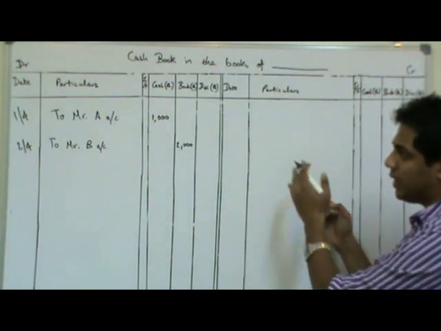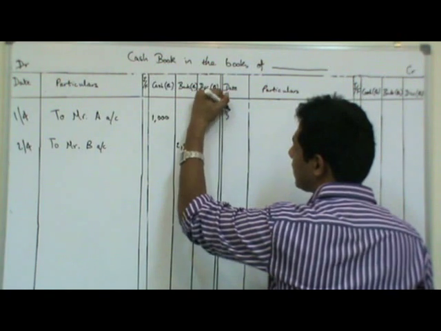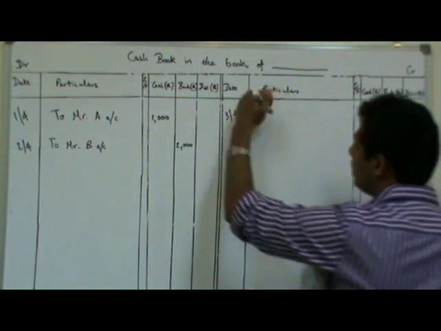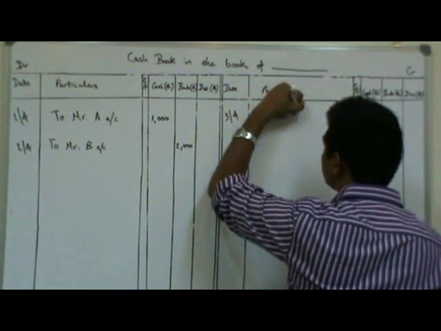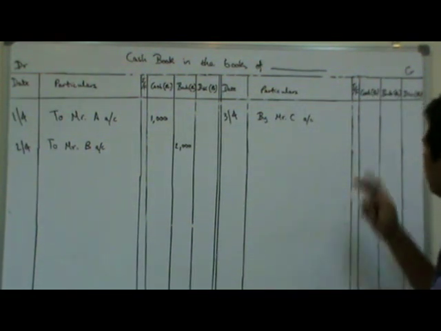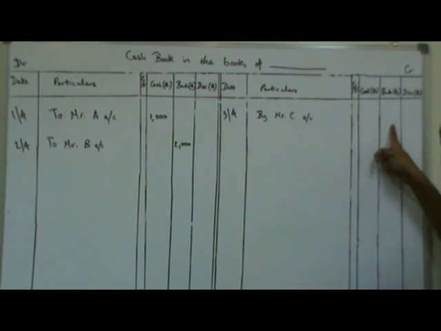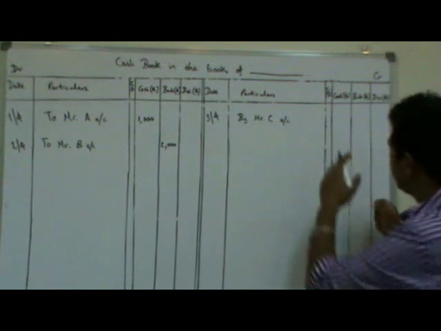Suppose a payment was made to Mr. C on the 3rd of April. Then we come to the credit side, and in the date column we write the date. We write by Mr. C account. And if the payment was in cash, it would appear here. And if it was in bank, it would appear here. So let us assume that 5000 was paid in cash. It appears here.